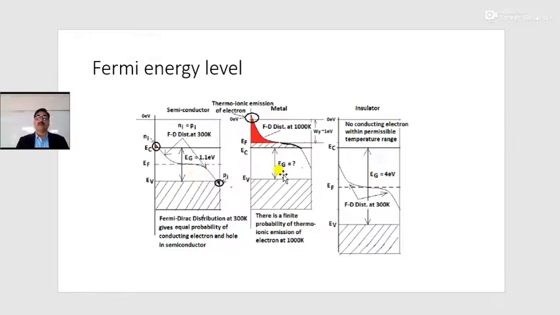And in this way, on the basis of Fermi level, the semiconductor, metal and insulator are explained here.